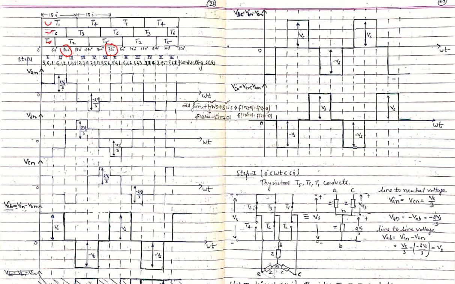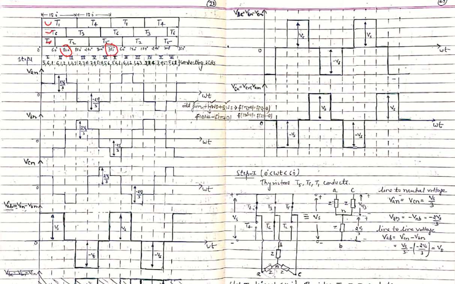Vbn equals minus 2 Vs by 3, because n is at higher potential in comparison to this B point, which is at negative. So we apply minus 2 Vs by 3, simply reversing the polarity. So these are the phase voltages Van, Vbn and Vcn.